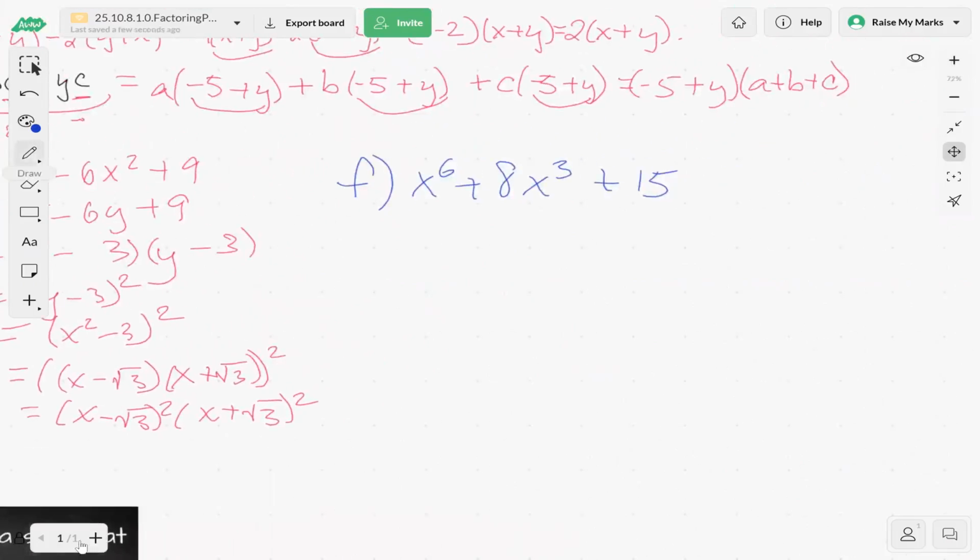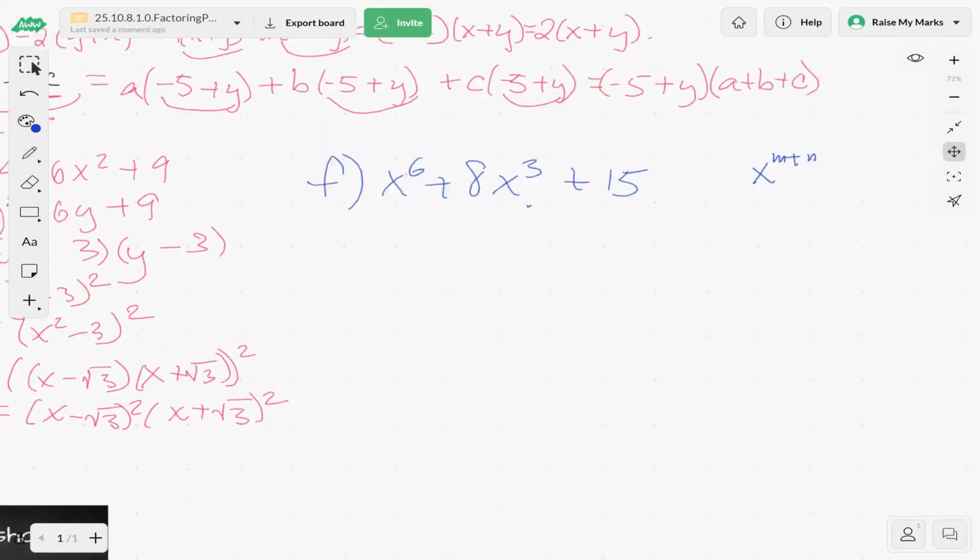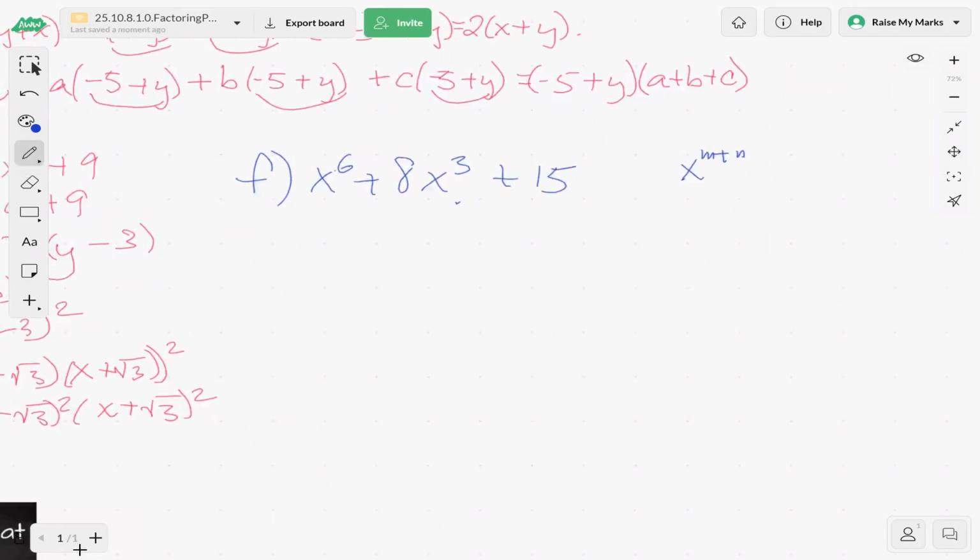All right, so for this one, I notice we have x to the power 6 and an x cubed. So how are 6 and 3 related? They're related by a factor of 2. So 6 is 2 times 3. And we know we have this law of exponents: x to the power m plus n is the same as x to the m times x to the n.